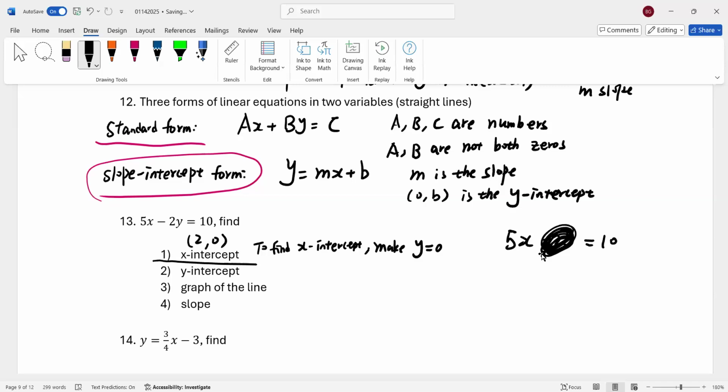Technically, it's incorrect because both the x-intercept and the y-intercept are points in a rectangular coordinate system. They are ordered number pairs. They're supposed to have 2 components. The correct way to say it is the x-intercept is 2, 0. You have to give me a point, 2 components in a pair.